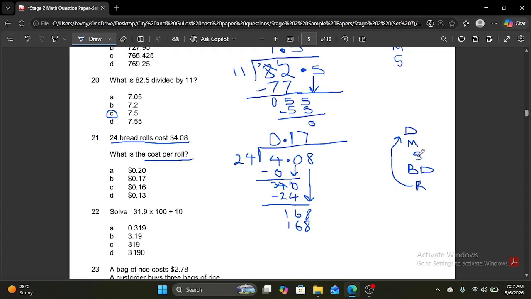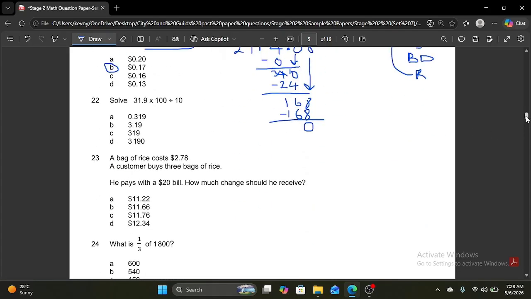After we multiply, we subtract, and now we're left with 0. So that's it. Our answer is 0.17. So the answer for 21 is B, 0.17. Okay, moving right along. That's 22 now we're at. Let's quickly clear this off.